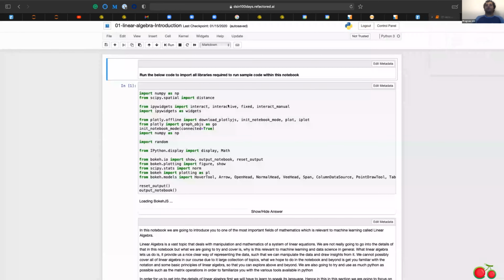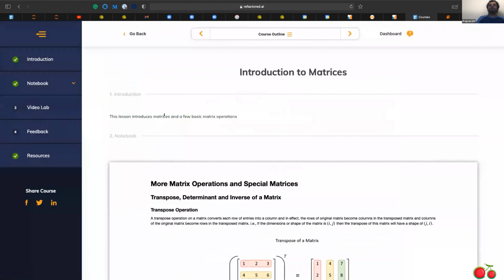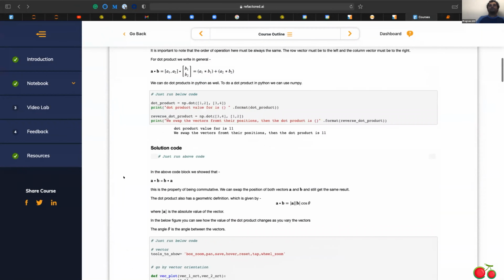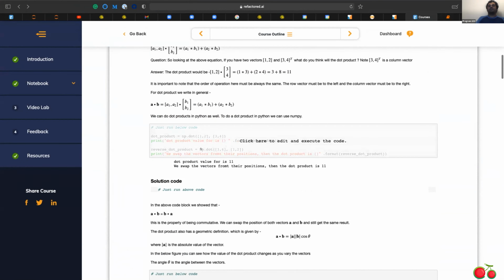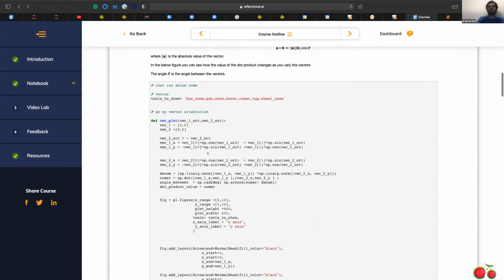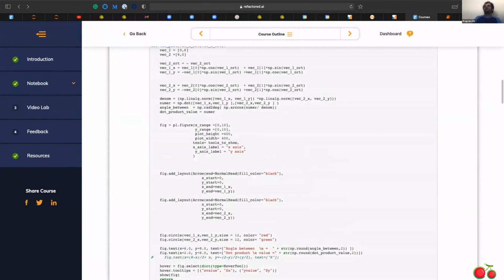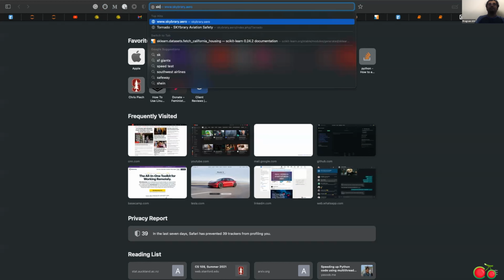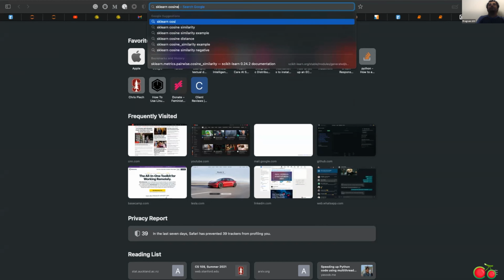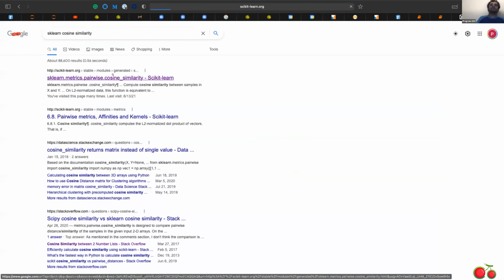Okay, so in order to do some of the other things, to calculate, so this you can see is the dot product. So for cosine distance, there's actually a function in sklearn to do this. It's called cosine similarity or cosine distance.